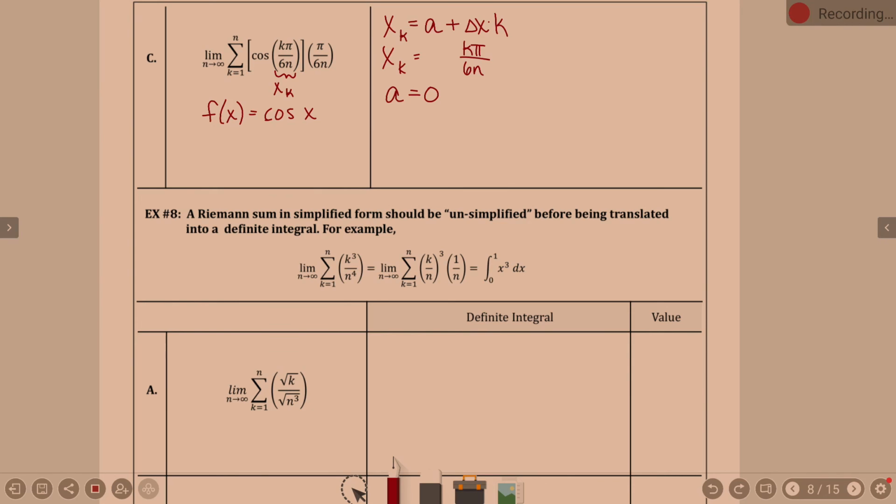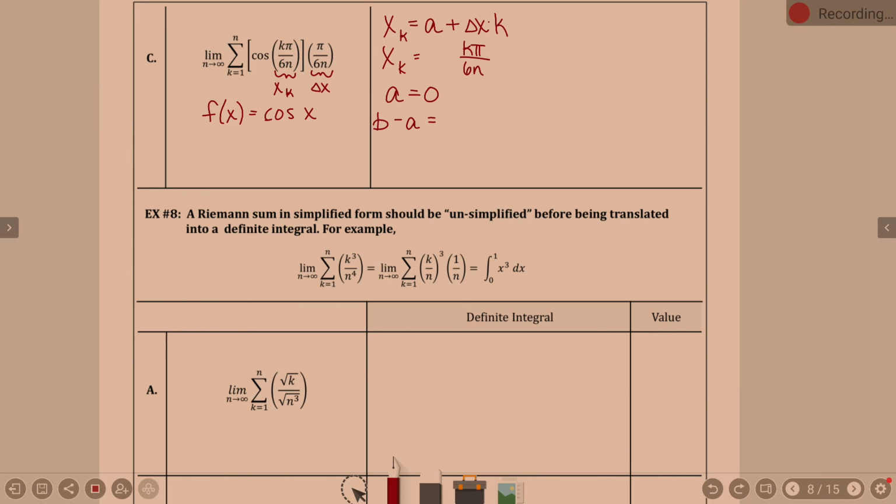What is b minus a equal to? Pi over 6. Pi over 6? Yes, because realize this k pi over 6n, or I guess go back here. Pi over 6n is our delta x, right?